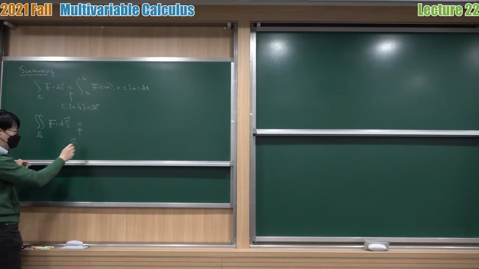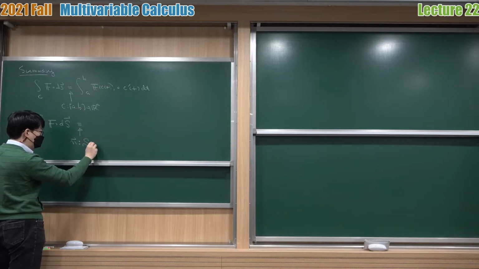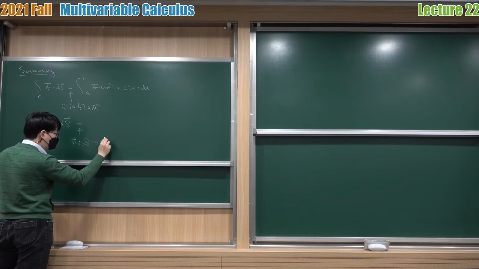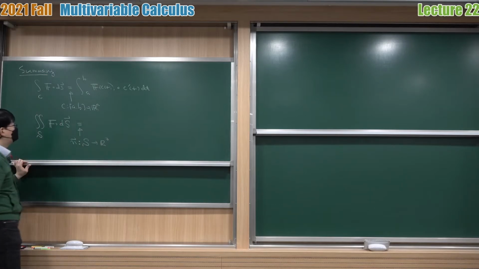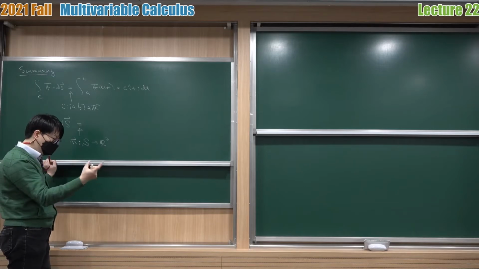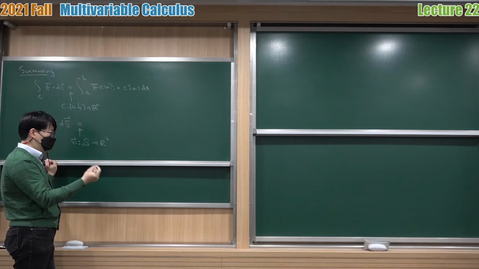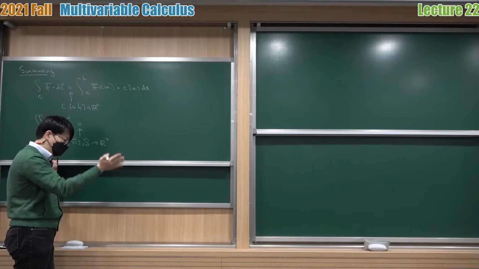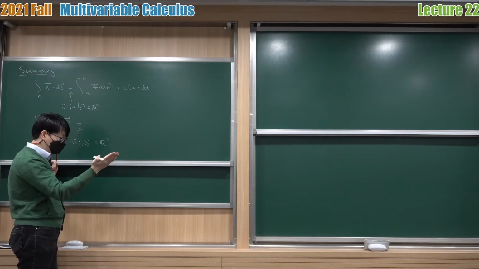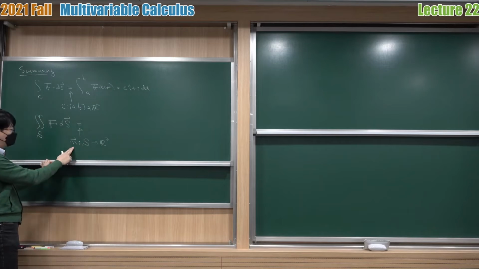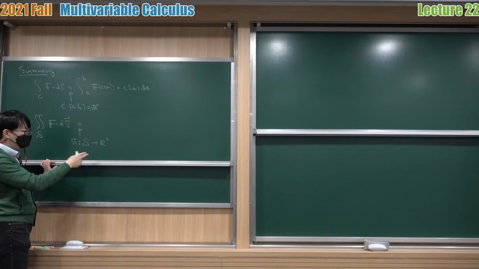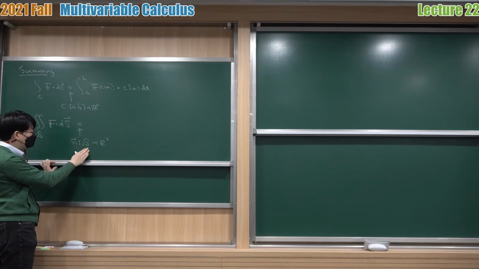So n gives you, let's say given a three-dimensional vector, a unit vector at every point on the surface, which gives you the normal or orthogonal direction to the surface. So this is our n, and we said that this is also called the orientation of a surface.